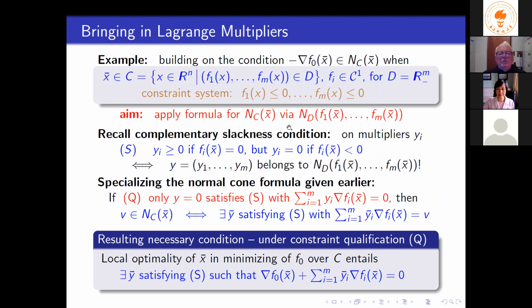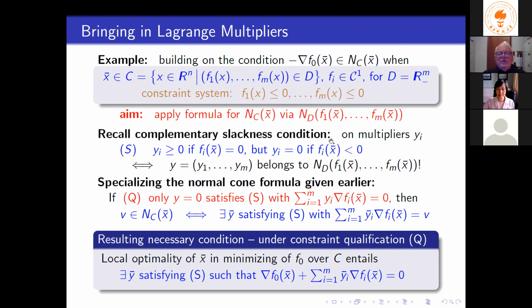And that formula for the normal cone used the normal cone to this set D at this point. But now we have a very special set D. It's this non-positive orthant. So we need to know what is the normal cone to that orthant. Now, you remember that when we deal with a constraint system with inequality constraints, and we end up looking with Lagrange multipliers at complementary slackness.